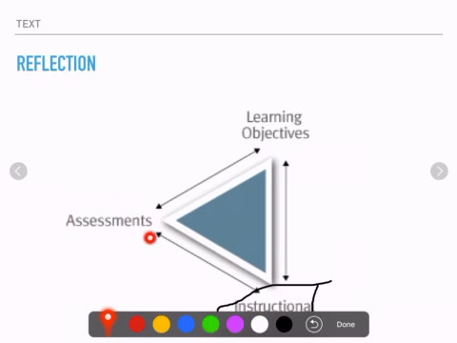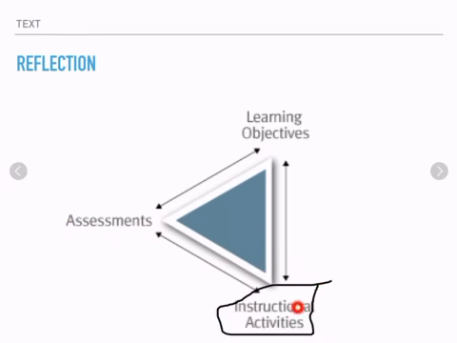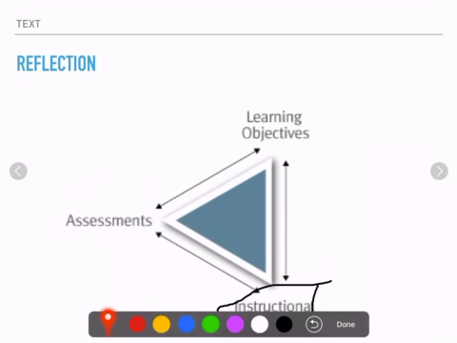What have they learned? Then you can create your instructional strategies. So your question when you're creating these instructional activities is, how can I teach my learning objectives in the way that will best prepare my students for the assessments? So as long as you follow that format, you can be a very effective teacher.